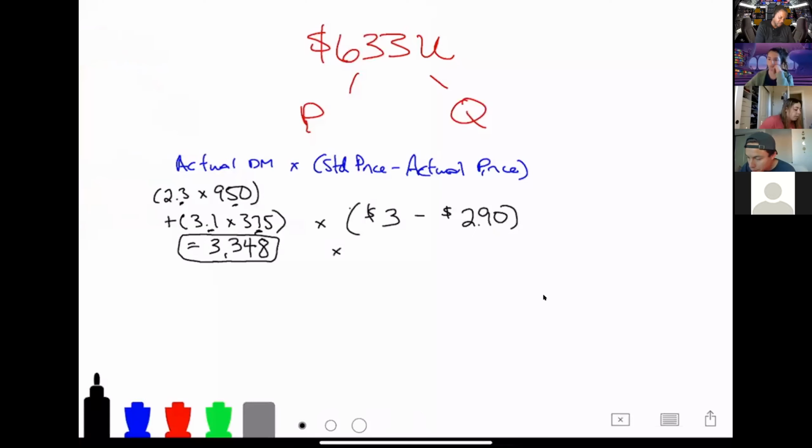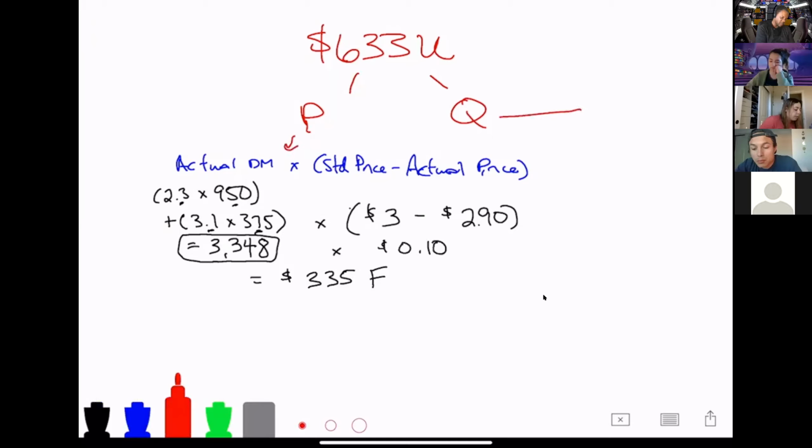So 3,348 times 0.010 gives us 335. And this would be favorable. So this is the price variance.